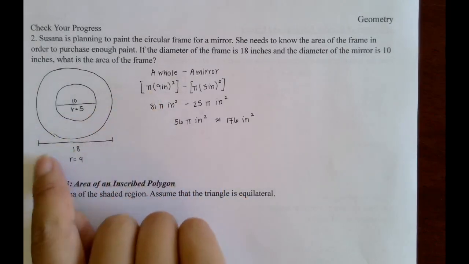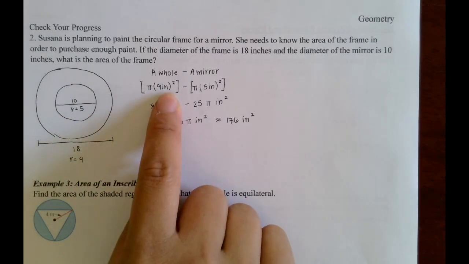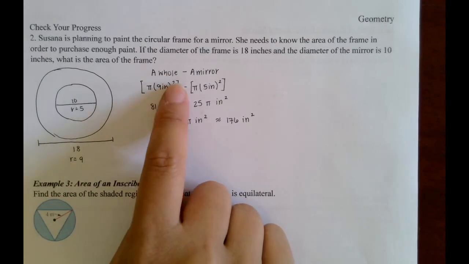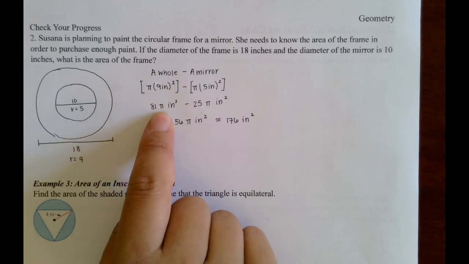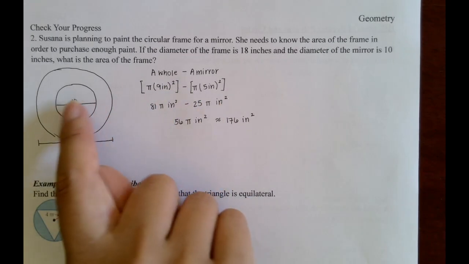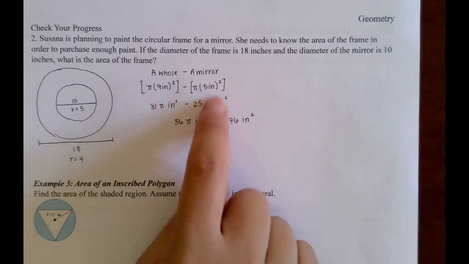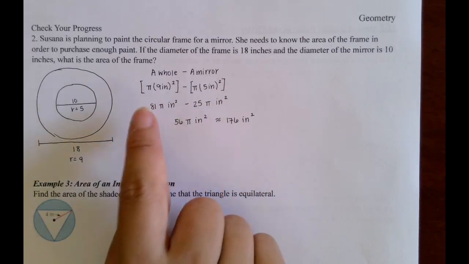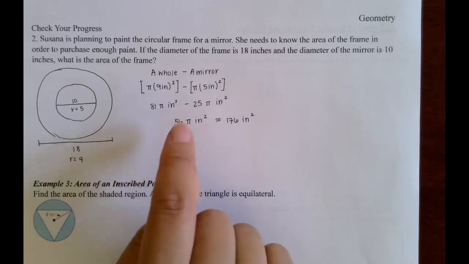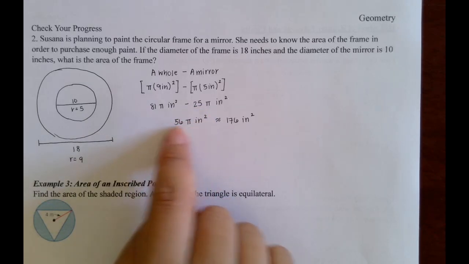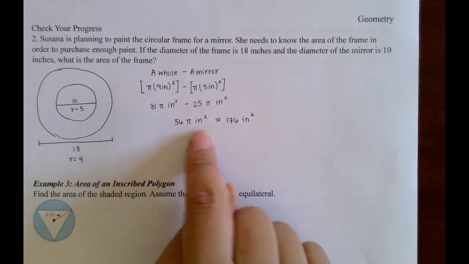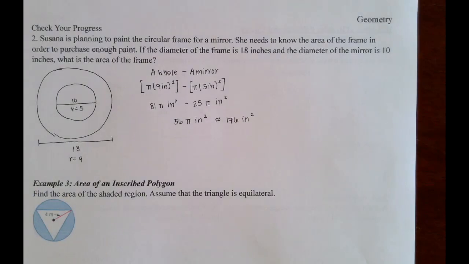So pi, 9 inches squared. 9 squared is 81, so 81 pi. Then mirror, the radius is 5, so pi, 5 inches squared. 5 squared is 25, so minus 25. 81 pi's minus 25 pi's, there's 56 pi's. And then 56 pi is approximately 176. And there you go.